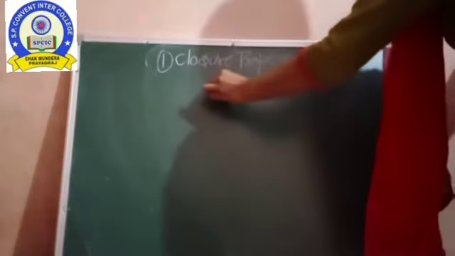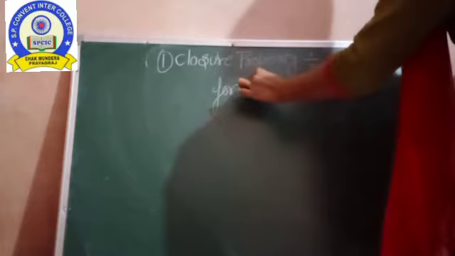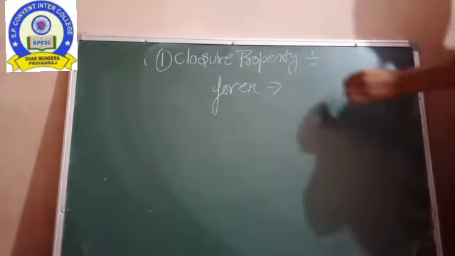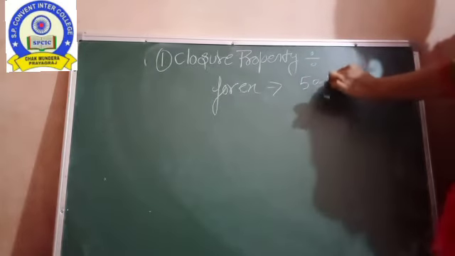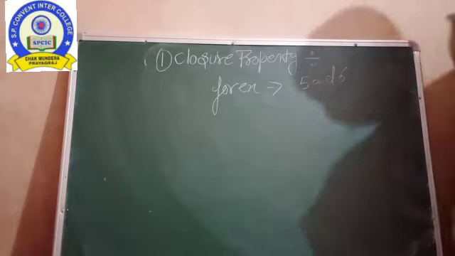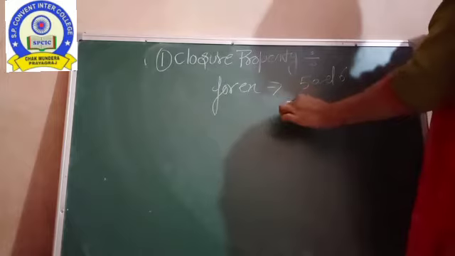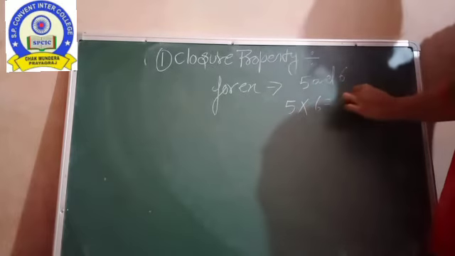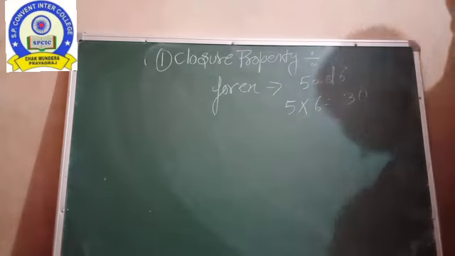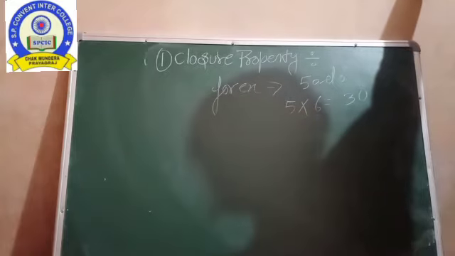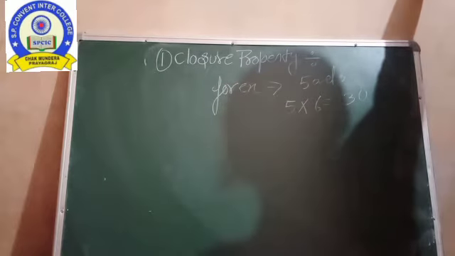When an integer is multiplied by another integer, we always get the product as an integer. For example, if 5 is an integer and 6 is an integer, when multiplied, 5 and 6, it is also an integer. Hence integers are closed under multiplication.